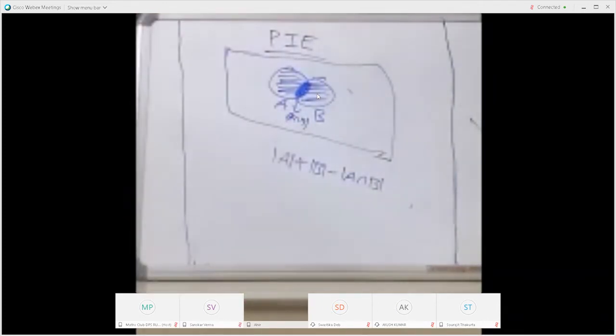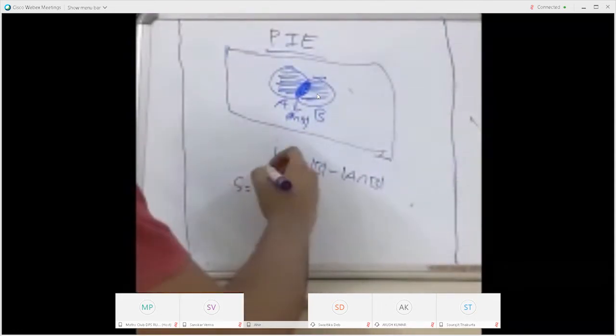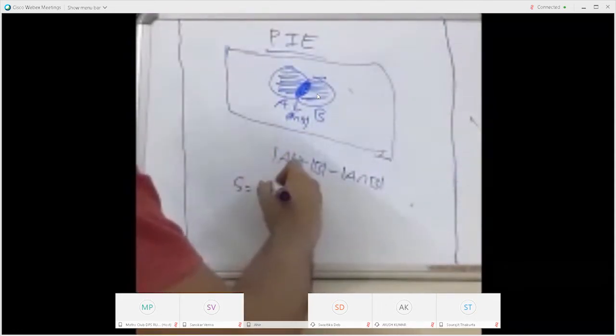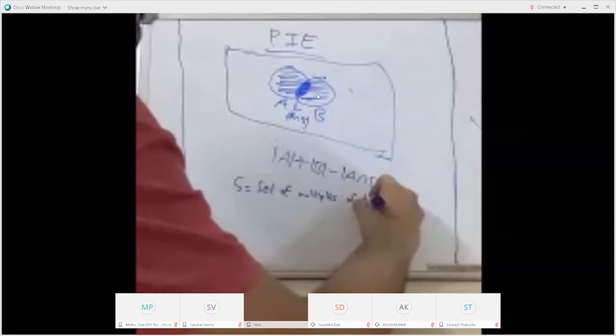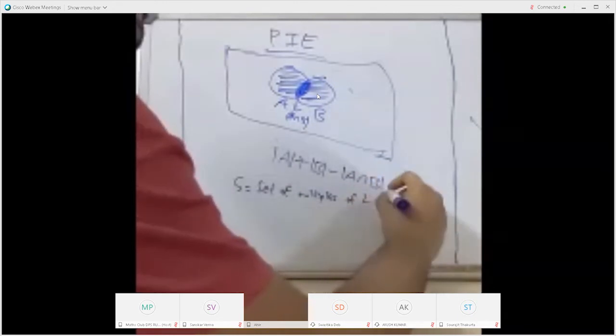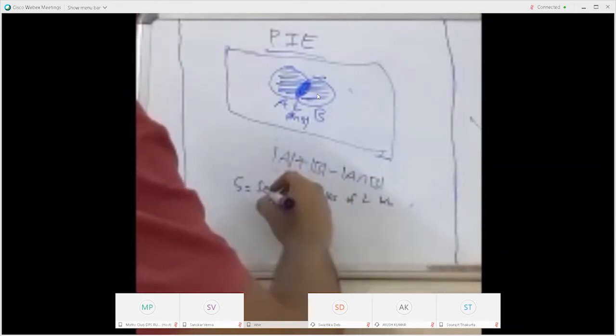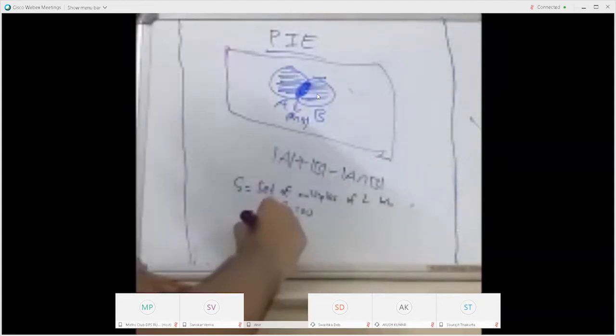Okay, in our previous example, let S be the set of multiples of 2 between 1 and 100. If we consider the mod S, it would be 50.